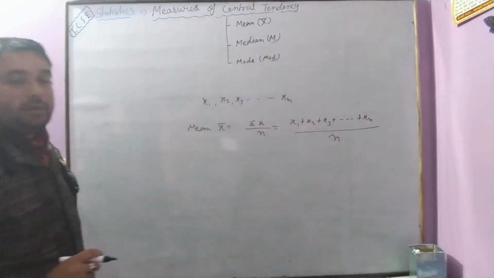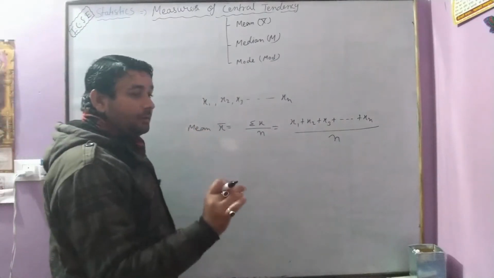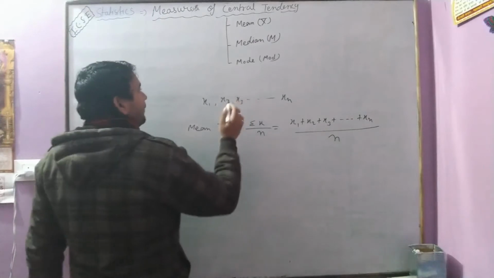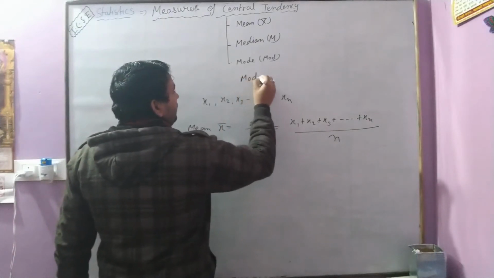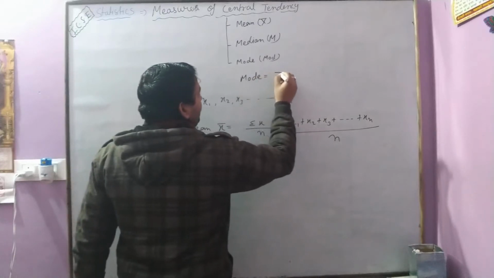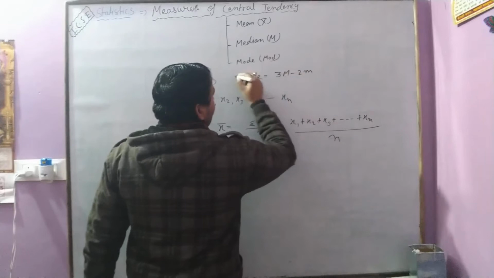So these are the rules, and the very accurate value which we calculate is that mode is equal to 3 median minus 2 mean.